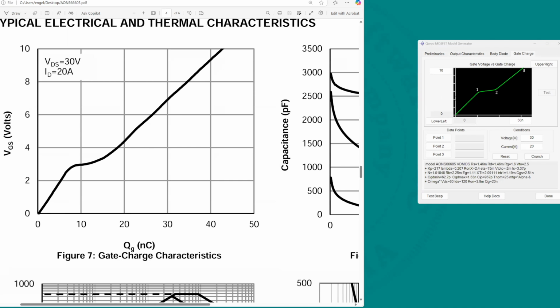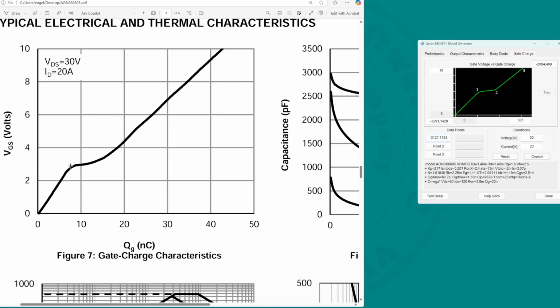All right. So again, we calibrate these axes: 0 to 10, 0 to 10, 0 to 50 nanocoulomb matches there also. So now we digitize the plot, origin, upper right-hand corner. And now we have to do these 3 points.